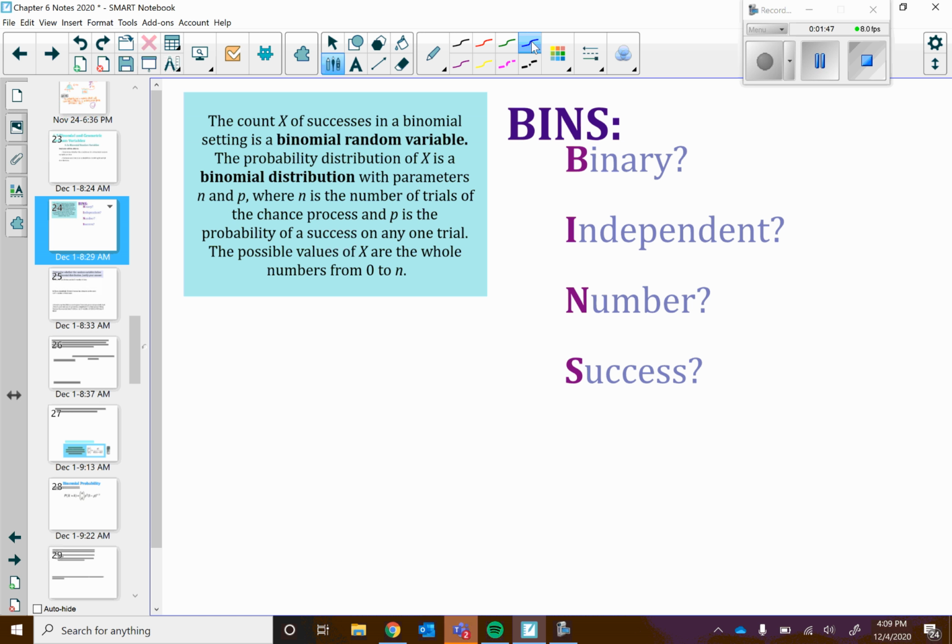Binary. You must be able to categorize the outcomes as either a success or a failure.